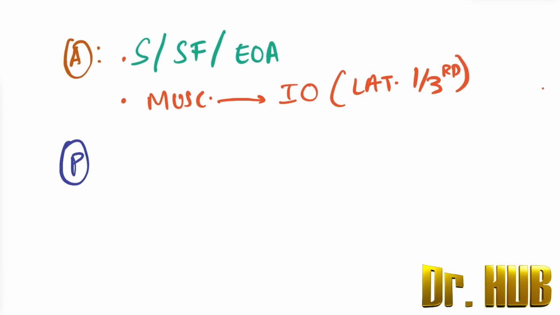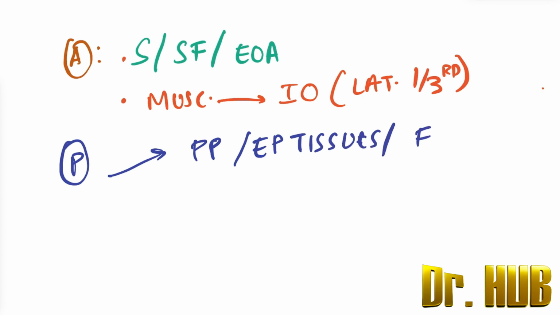What will be the posterior wall? The posterior wall will be the parietal peritoneum, then the extraperitoneal tissues, then the fascia transversalis, which involves the whole extent.